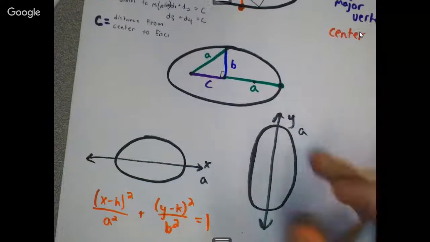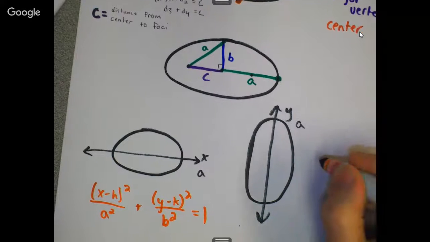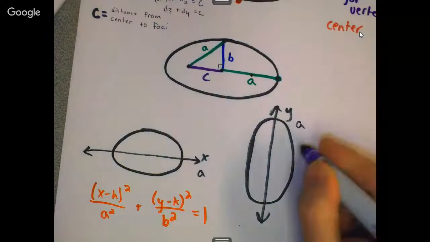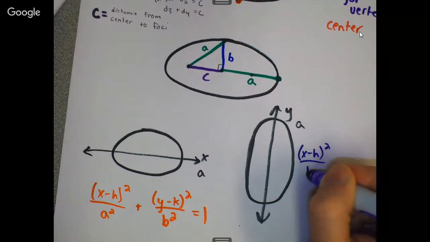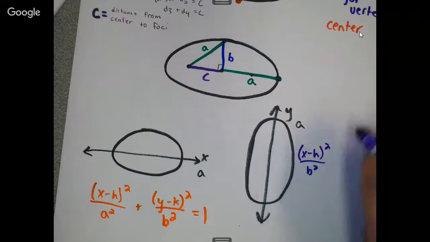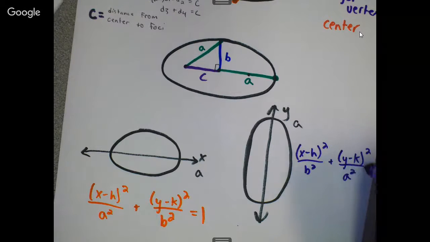And then this one's very similar, except a and b switch spots. So this one will be x minus h squared over b squared, since the minor b goes with the minor axis, so it goes in the x direction, plus y minus k squared over a squared equals 1.